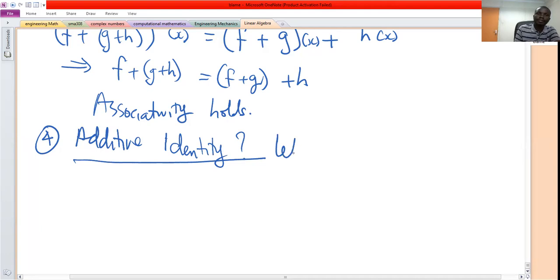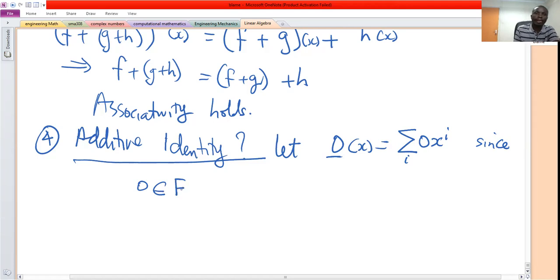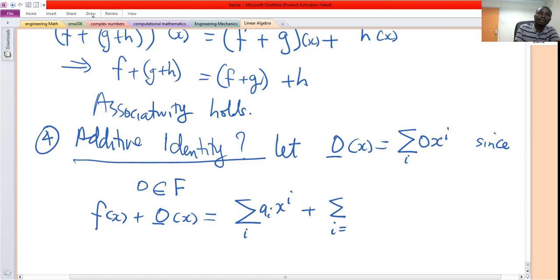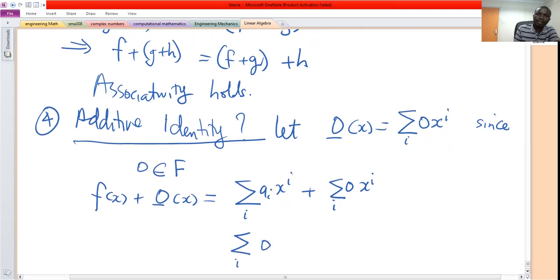Now, let f(x) be given by the summation of a_i x^i, since 0 is an element in the field F. Now, when you say f(x) plus this 0, we will have the summation over all i of a_i x^i plus the summation over all i of 0 x^i, and this is the same as the summation of (a_i plus 0) x^i.